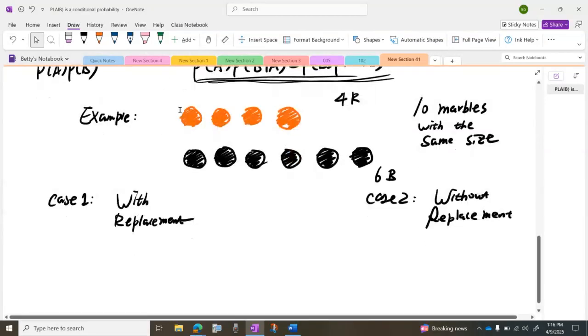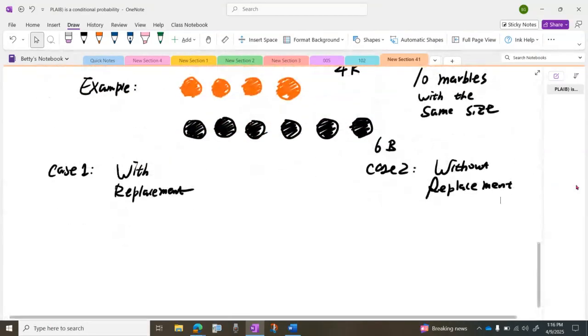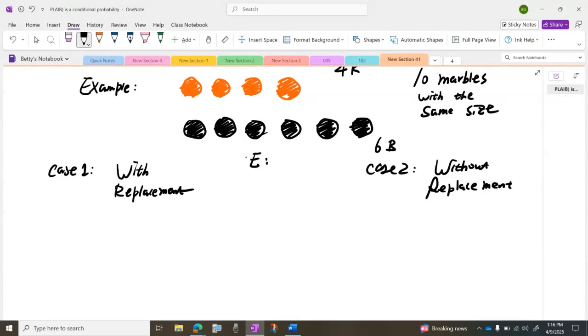We are going to find the probability of E. The event we are trying to find the probability of is that the first time we get a red color, and the second time we also get a red color.